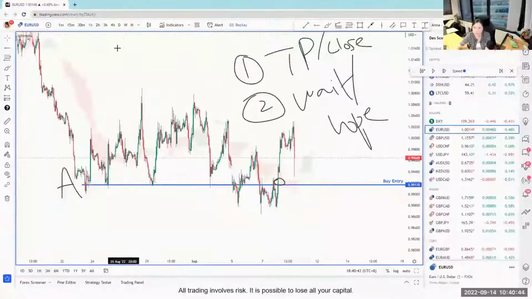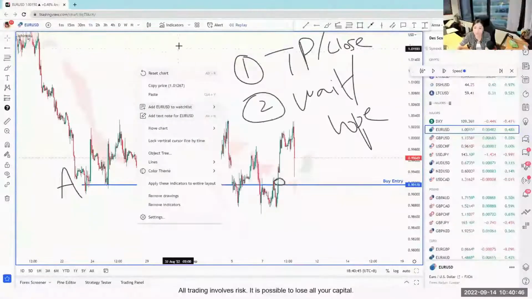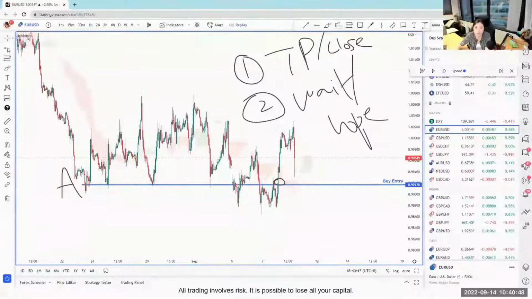So for example, when my price actually came up here from this level, when your price actually moved from here, usually there will be a take profit.